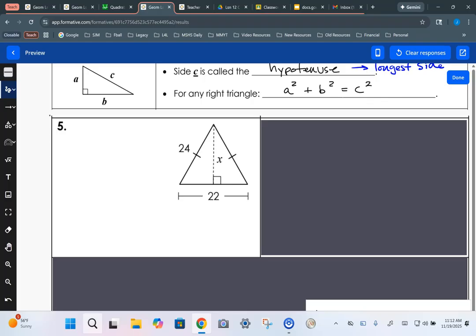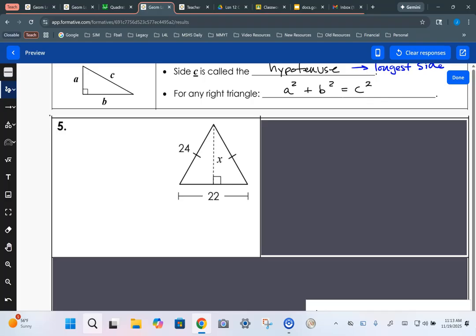So here's the deal. You can see that we have two congruent sides here, so we have an isosceles triangle. In that case, we have a line that bisects an angle.